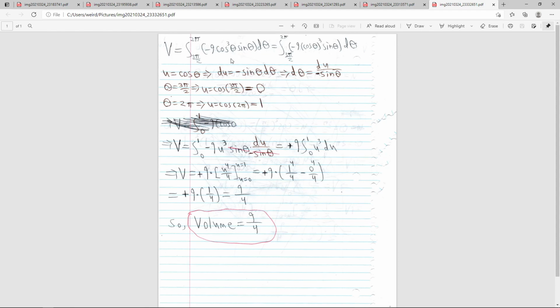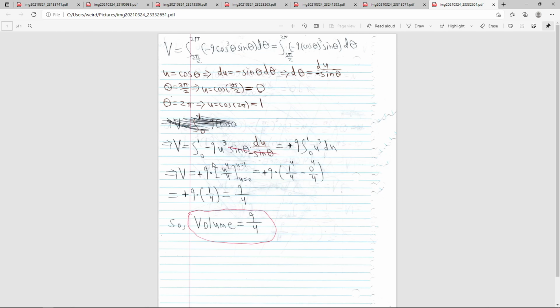And you get your new integral limits, 0 and 1, because cosine of 3 pi halves is 0, and cosine of 2 pi is 1. So between 0 and 1, negative 9 u cubed sine theta du divided by negative sine theta becomes negative 9 divided by negative 1, which is positive 9.